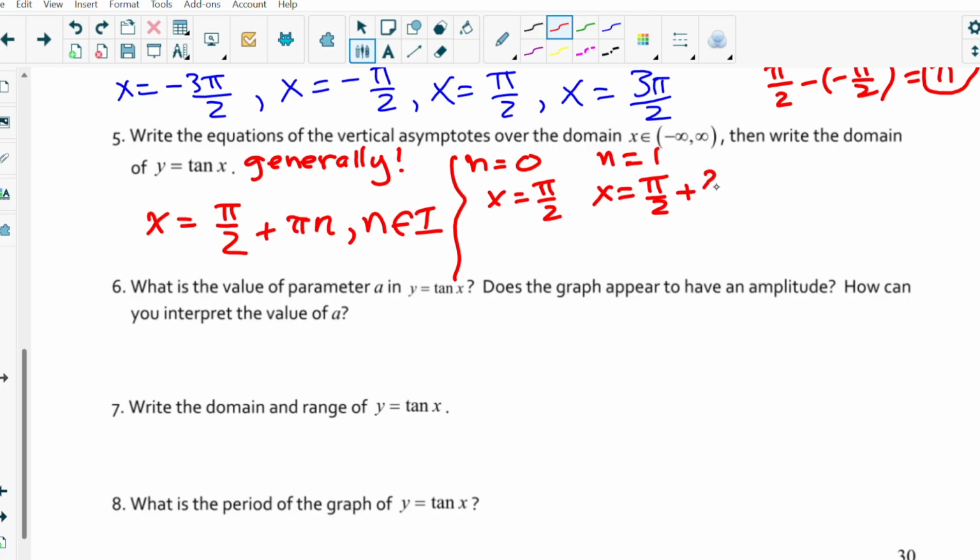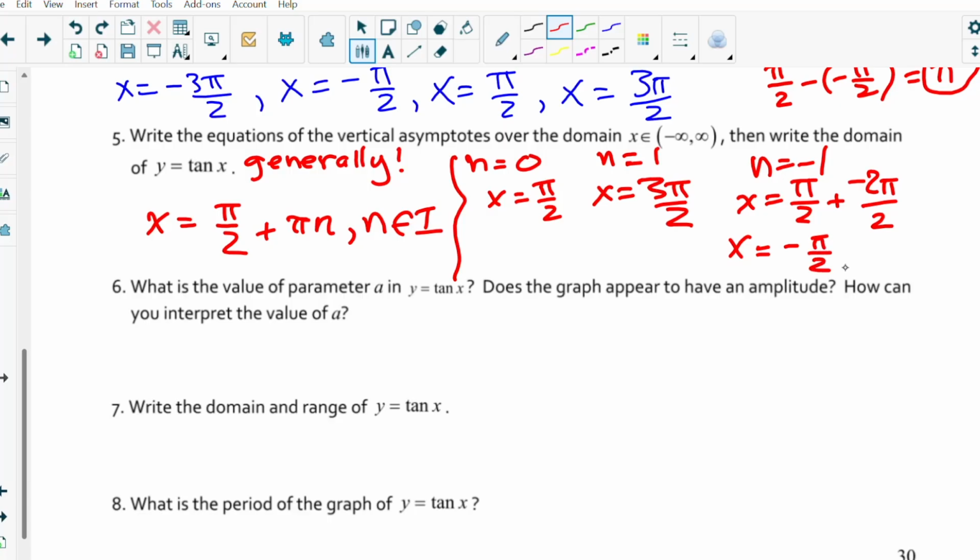That's the same as pi over 2 plus 2 pi over 2, which equals 3 pi over 2. That's another one of our asymptotes. Let's go the other way. N equals negative 1. That's x equals pi over 2 plus negative pi, so plus negative 2 pi over 2, and that equals x equals negative pi over 2. And so on. You can generate all your asymptotes by choosing different integer values. So that's the general form.